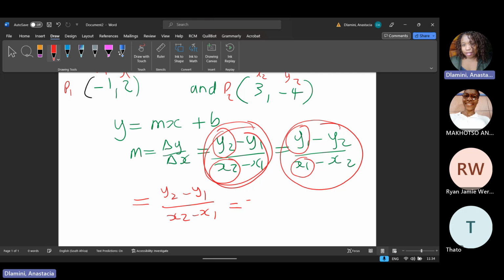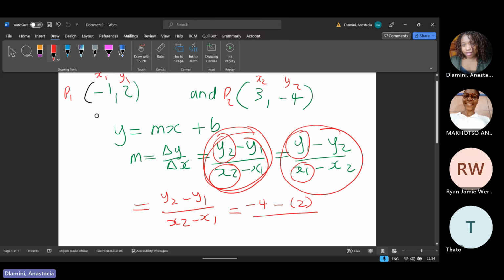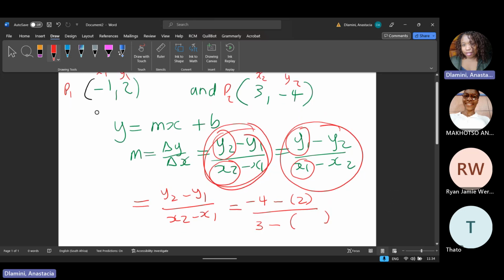So our y2 is -4 minus our y1 is +2 over our x2, which is 3, minus, look at this one, it has a negative sign. So then I'll put it into the brackets. So our x1 will be equal to -1.